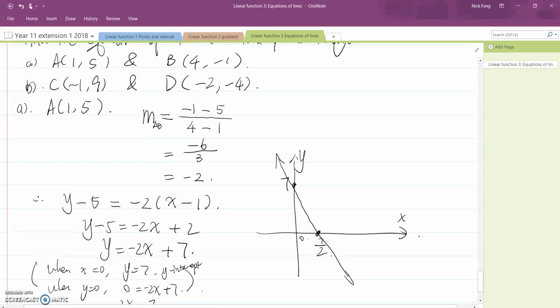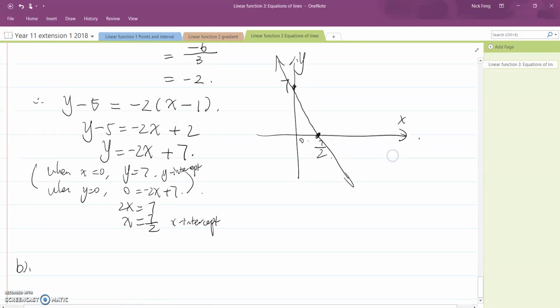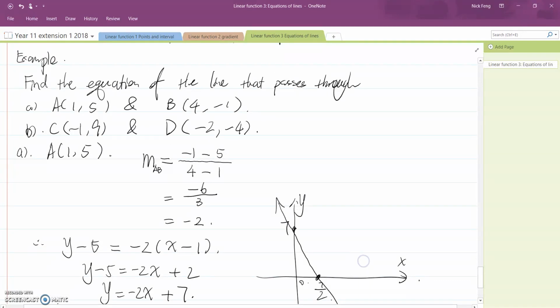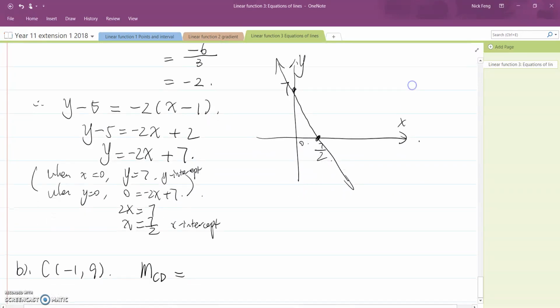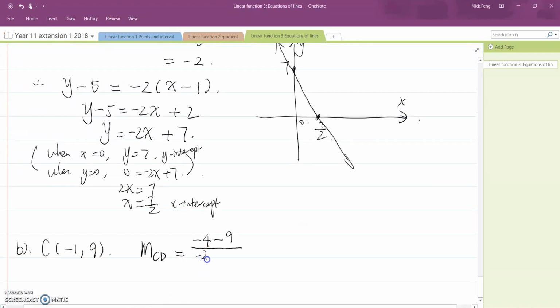Again, you can use either point for the point gradient formula, or I'll just use the one with fewer negatives, which is point C. This time you also need to find the gradient of CD, the line that passes through these two points. So y2 minus y1 over x2 minus x1: negative 13 over negative 2 plus 1, that's negative 1, that is 13.